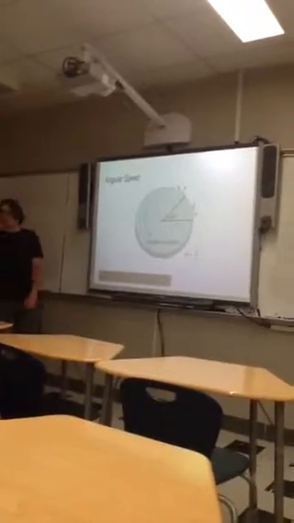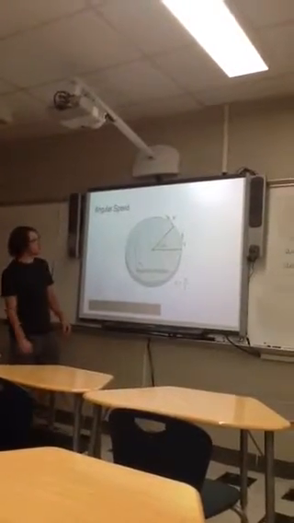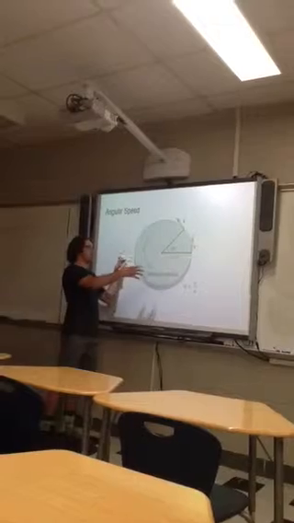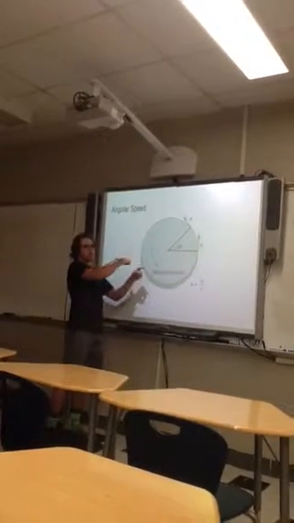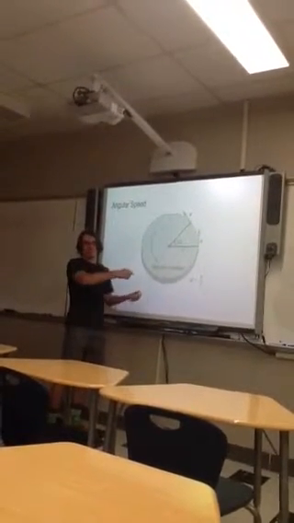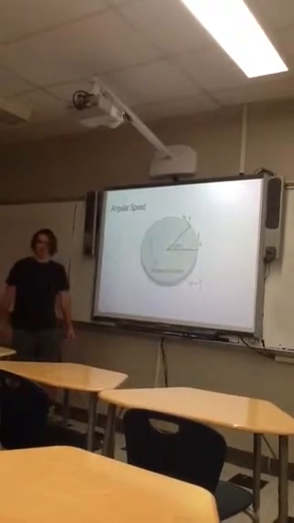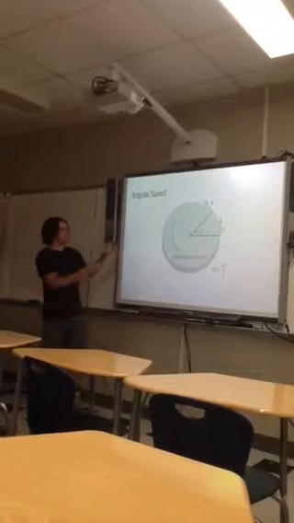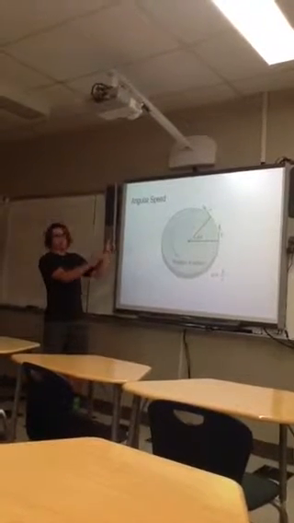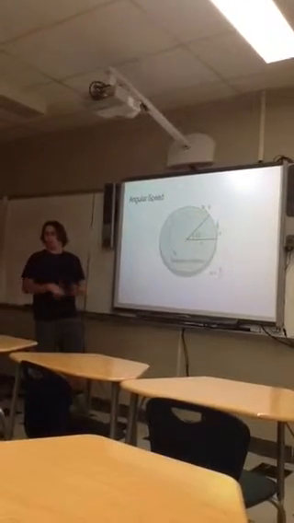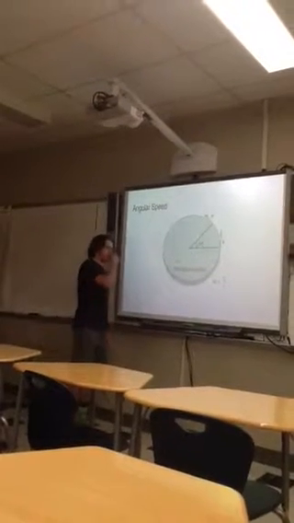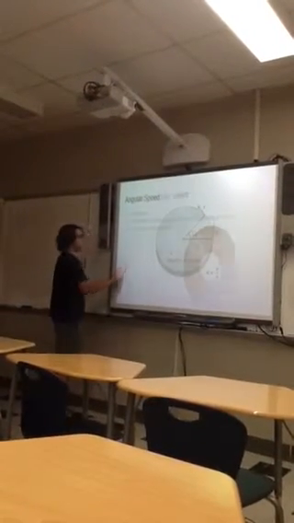So for this, you just got to understand angular speed, which is how fast a circle rotates from 0 to 360 degrees. So from that, you're able to calculate the distance, if you have the circumference, and multiply that by the angular speed to find the distance traveled.